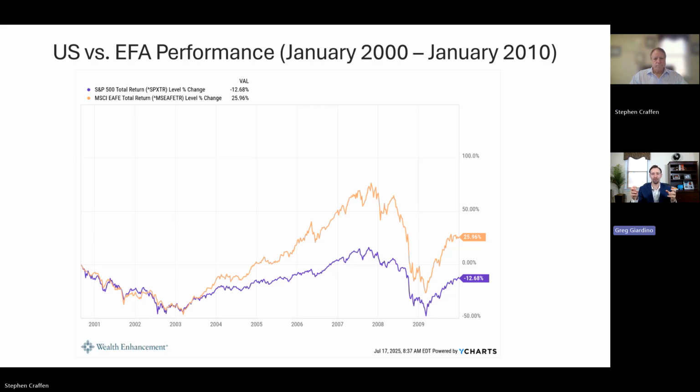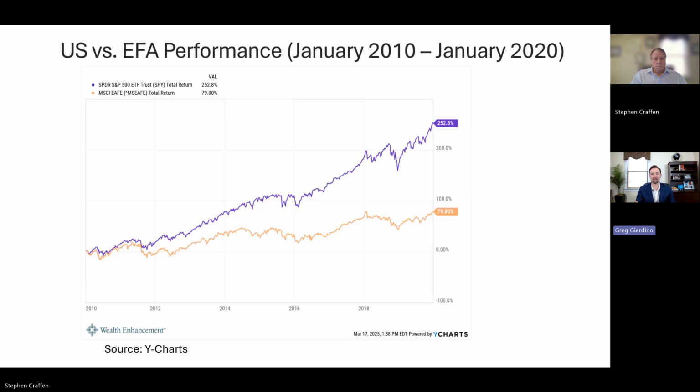So US investors, remember, that was a terrible time to be a US investor. However, you could see here the cumulative return was negative 12.68%. And then the cumulative return for international was almost 26%. So you could see, even though in recent memory, international has been underperforming, international did have its day in this decade, as you could see here based on the data. Yeah, and it saved your portfolio, probably that and a couple other asset classes.